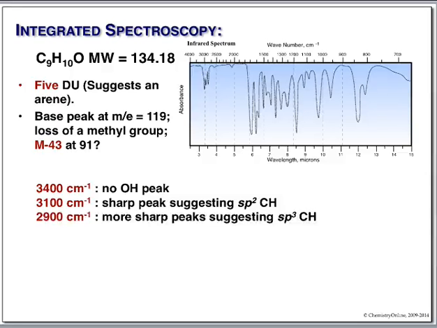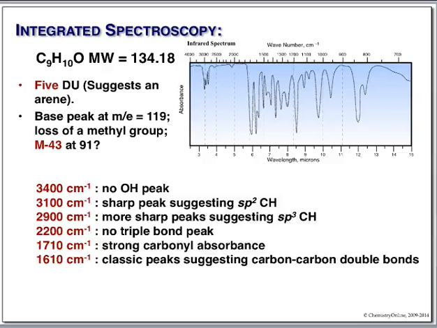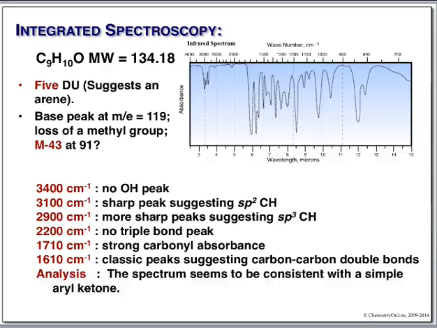We have nothing in the triple bond region. We have a nice happy carbonyl. And we have a bunch of peaks, 1600 and its friends, consistent with arene carbon-carbon double bonds. So what it looks like is we have a benzene ring and we have a ketone.